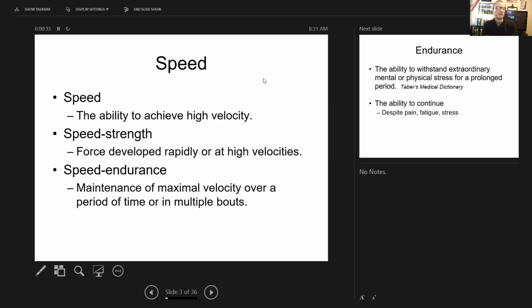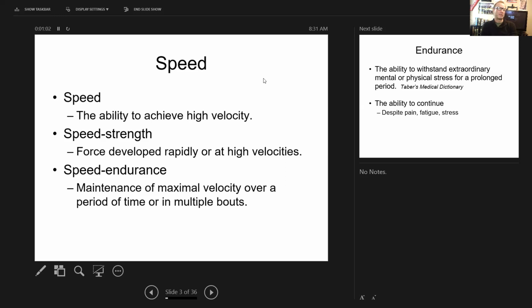All right, so speed is simply the ability to achieve high velocity. We can talk about running speed, biking speed, swim speed, any of that. Speed strength is a sort of a subset term used. It's force developed rapidly or at high velocities. So now this is a term that would be used more in a strength training type of environment.